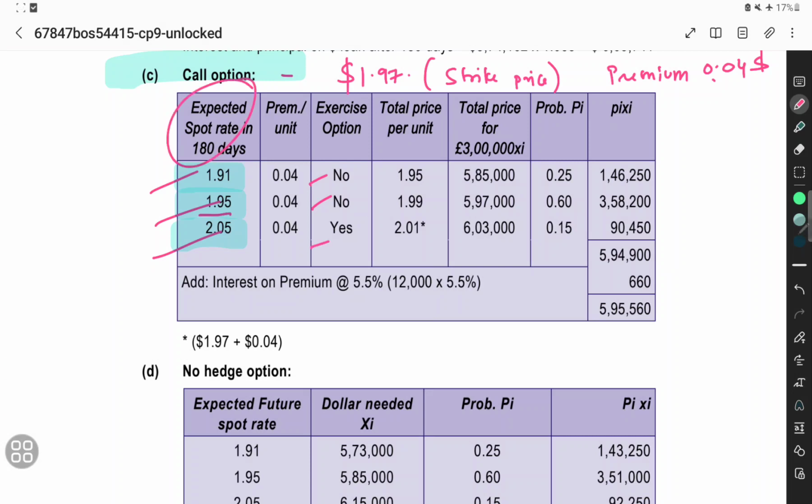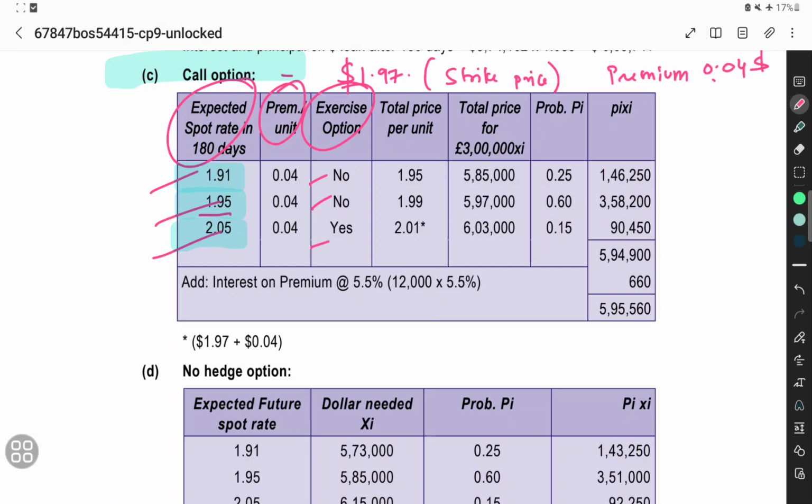So I hope the first column and the third column are clear. Now we see the second column, which is premium. As I explained at the start of the solution while we were reading the question, the premium is a mandatory fixed outflow. In case of options, the option gives the buyer the right to exercise or not. You don't have an obligation, you have a right.